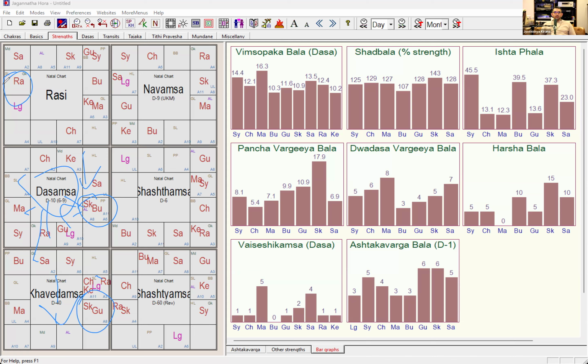I am not able to get that word. Not cat's eye, one more. Vaidurya. I am not getting the right word. The stone for Rahu. Jade. Not jade. No. Pearl. Stone for Rahu, somebody Google it, English word, you tell me.